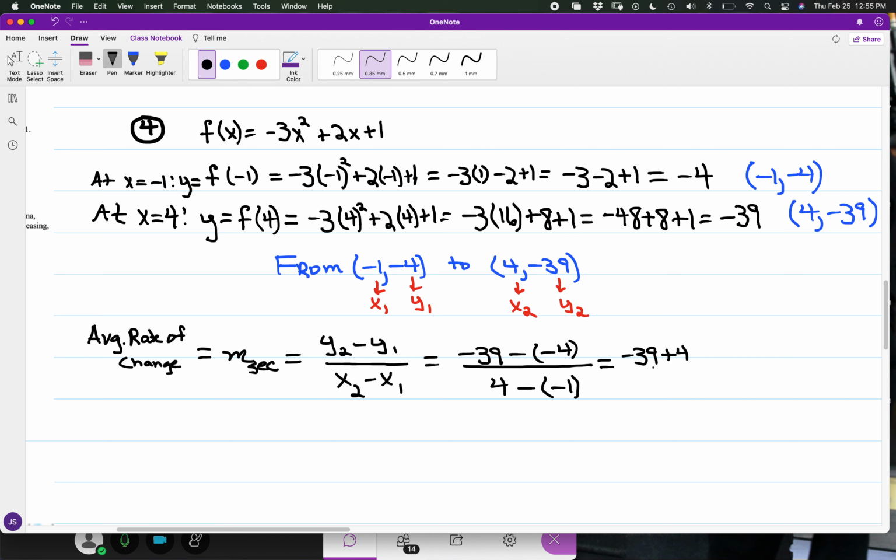So you have -39 plus 4 all over 4 plus 1. For the change in y, we have -35 units. And for the change in x, we have 4 plus 1, which is 5. So the average rate of change is -35 over 5, and that will come out to -7.